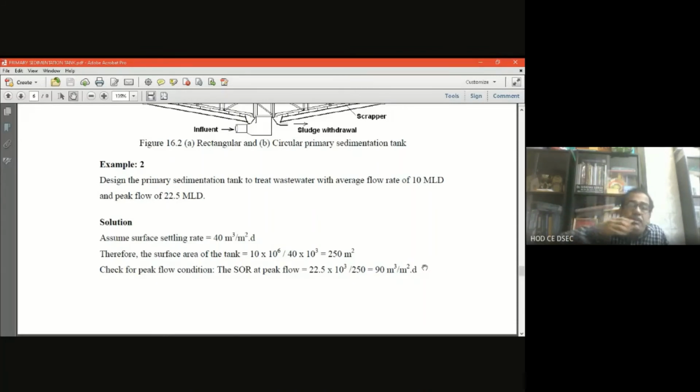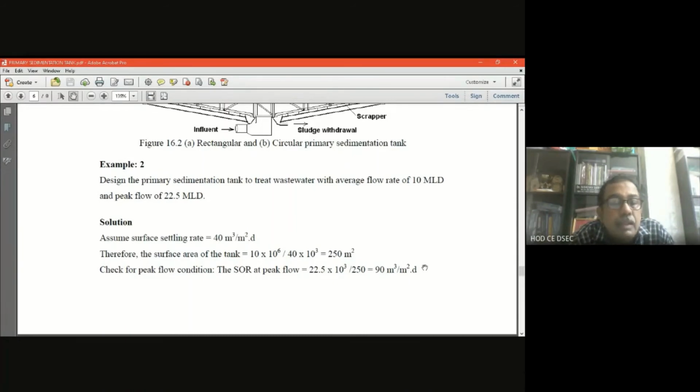The problem is: design the primary sedimentation tank to treat wastewater with an average flow rate of 10 MLD and a peak flow of 22.5 MLD. So two flows are given in the question, the average flow rate and the peak flow rate. It will be designed on the average flow rate and checked on the peak flow rate, as we normally do.